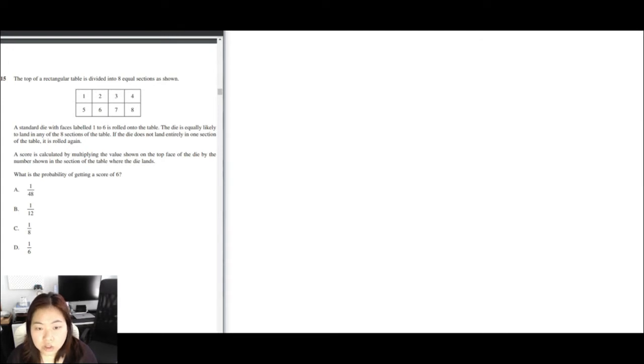If the die does not land entirely in one section of the table, it is rolled again. A score is calculated by multiplying the value shown on the top face of the die by the number shown in the section of the table where the die lands. What is the probability of getting a score of 6? Oh, holy moly. Okay.